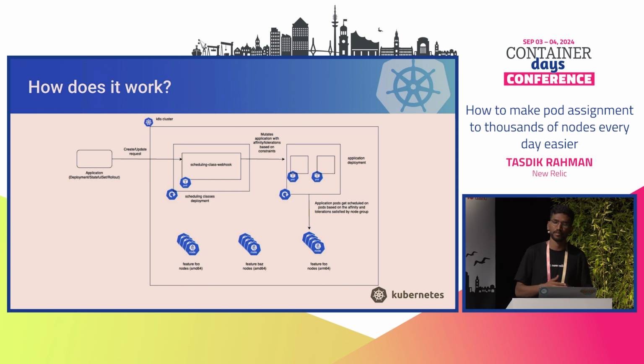If it satisfies, we progress further, and the application is mutated with the pod template spec by evaluating the scheduling classes requested, which are passed as a special annotation to the application. Now it is up to the scheduler to decide where to schedule it. So we are again offloading this bit to Kubernetes itself, and only generating the scheduling rules at the end, similar to how we were passing it in at the start of the talk also.